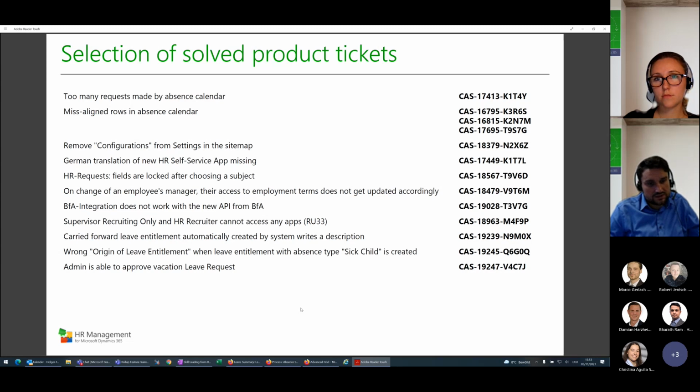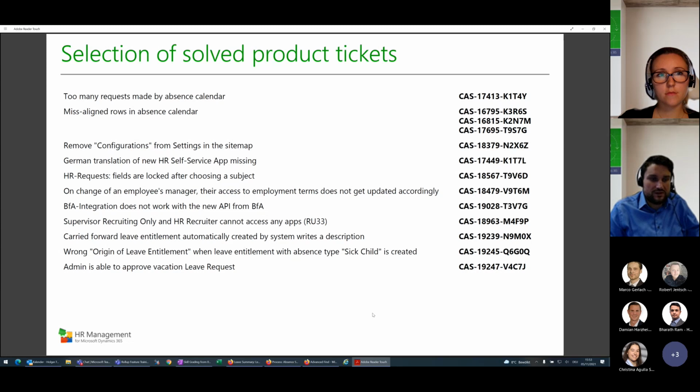If you did that, you will get an email back, and in the subject there is a number. If you see a number that you know from one of your tickets and you import Rollup 35, then this is fixed. So good news to you. Let's see what we did fix and improve.